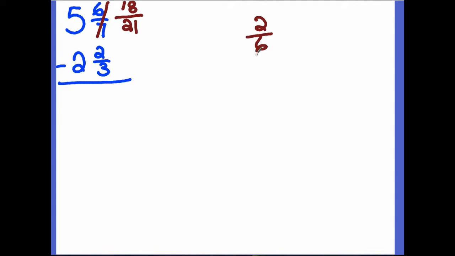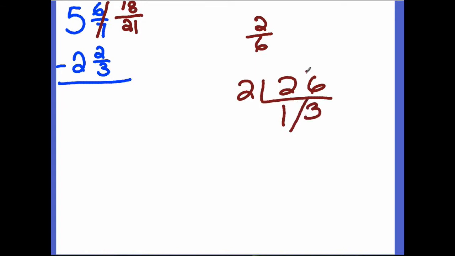And remember, you would do the upside down cake. Put 2 and 6 inside of here. And what goes into both 2 and 6? 2. How many times does 2 go into 2? How many times does 2 go into 6? So 2/6 reduced is the same as 1/3.